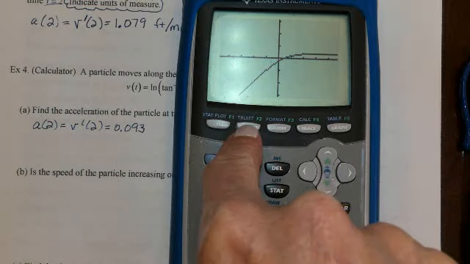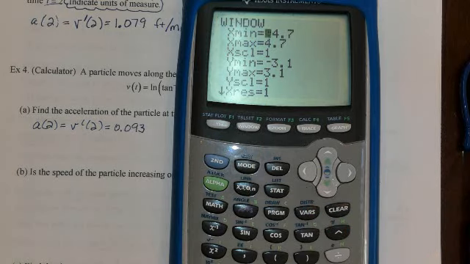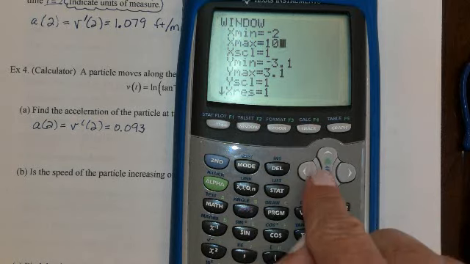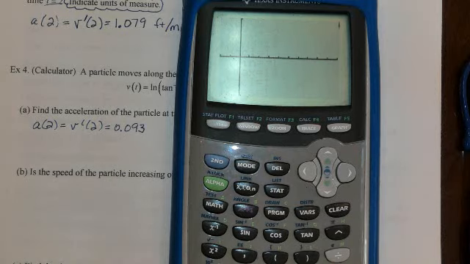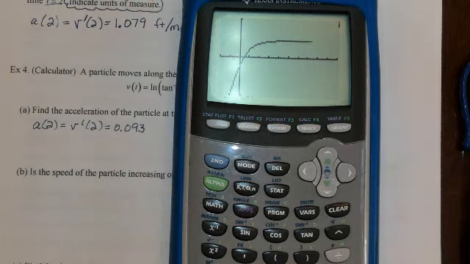So I'm going to adjust my window a little bit and go, I think I might start maybe at -2, and then maybe I'll go to 10. How about that? And it looked like it didn't go very far on the y, so I think I'm going to go from like -1 to 1. Okay, so I'm really not concerned with these negative values.